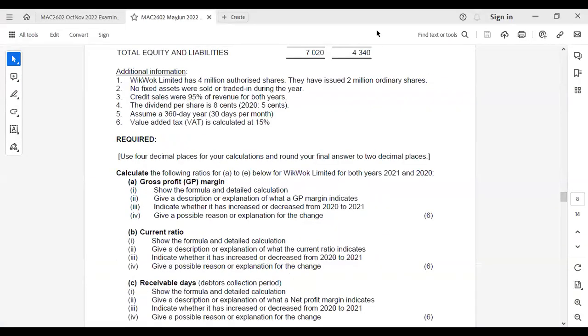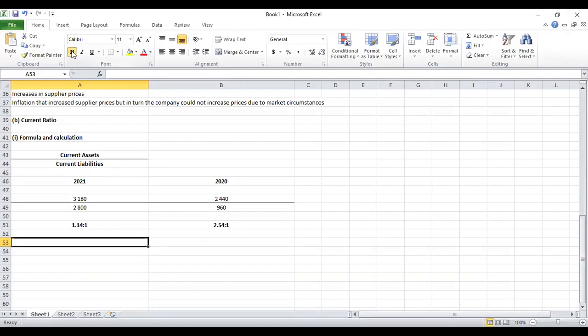Give a description of the explanation of what the current ratio indicates. Right, so that's number 2.